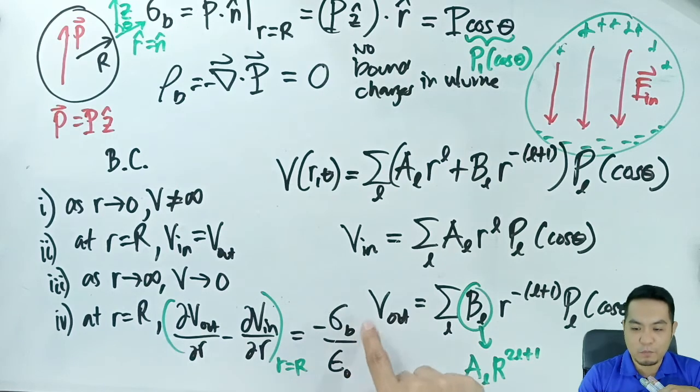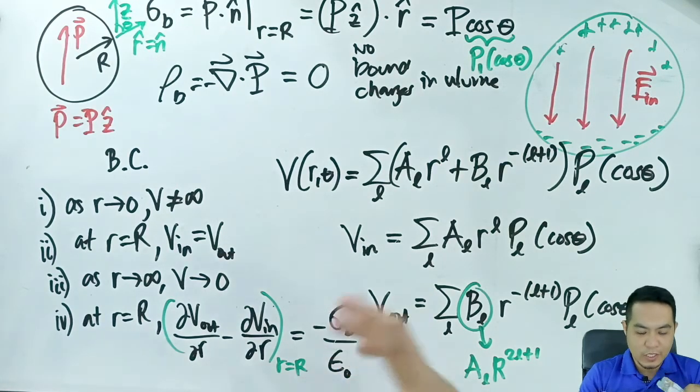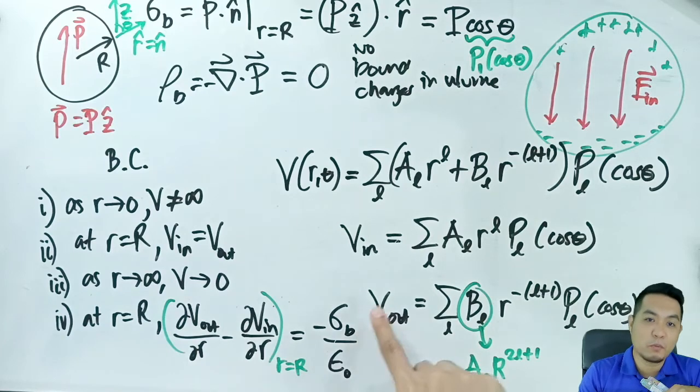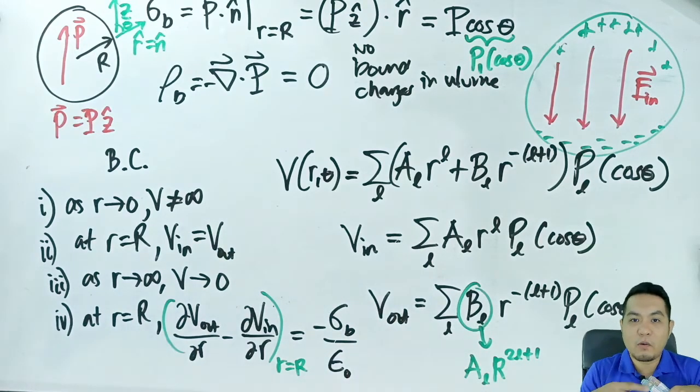This becomes P times P1. So you still do the same: you multiply both sides by PL prime. You will notice that you already have a P1 here. You multiply by PL prime, so you will have something like a delta 1 L prime. Because of that, L must be equal to L prime, and it must be equal to 1.